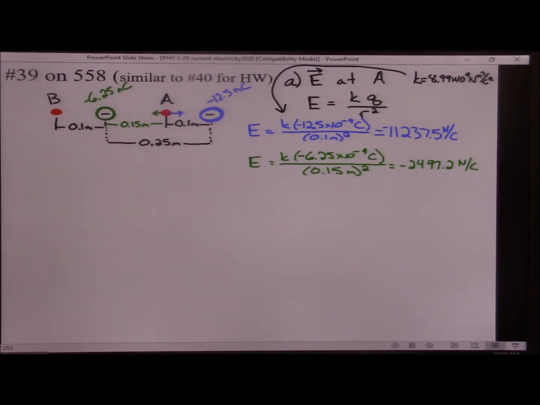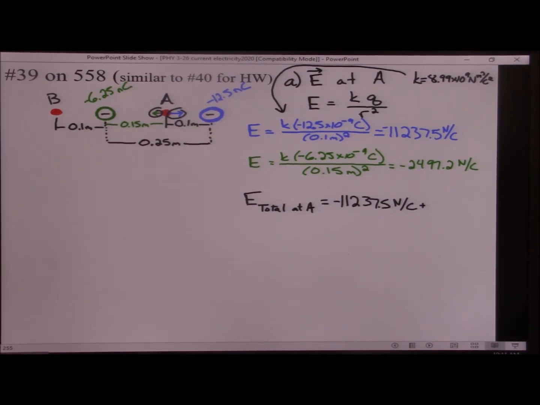All right, now to find the total electric field at A, we simply have to combine those two electric fields. Remember that blue arrow and the green arrow are each represented by those numbers. So the electric field total at A is going to be equal to negative 11237.5 newtons per coulomb plus, oh, they're going different directions, sorry.